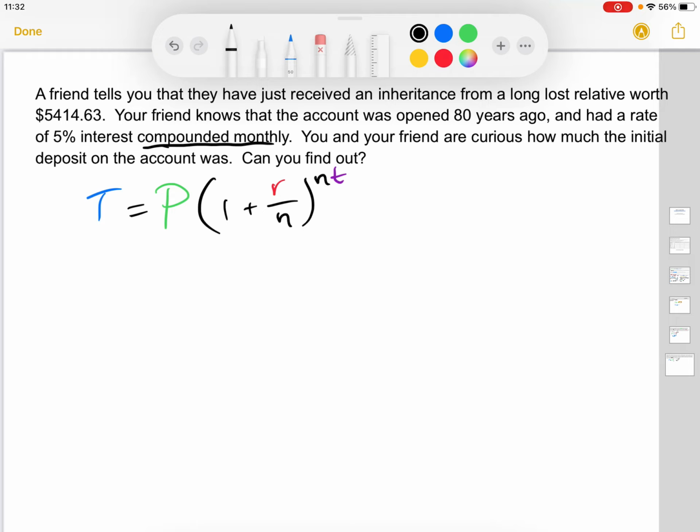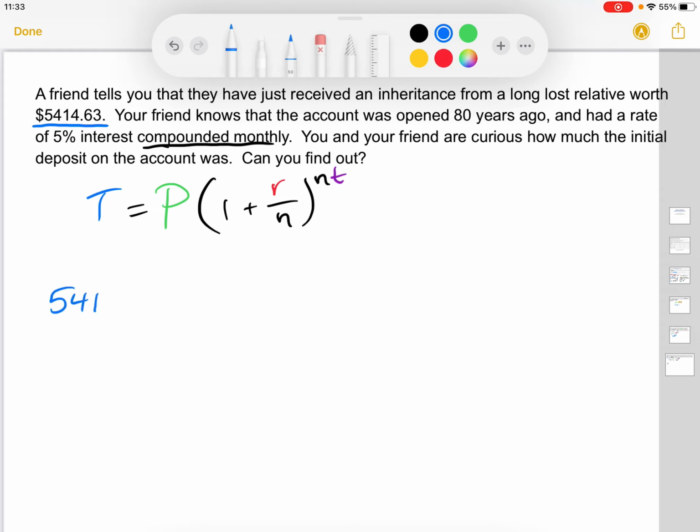So let's go through now the problem and highlight the information that we have. The first number that we are given here is actually the total, right? This is the final amount. This is what the account ends up being worth.